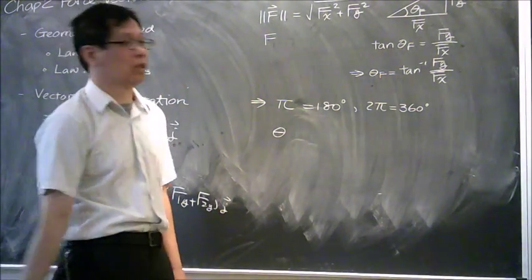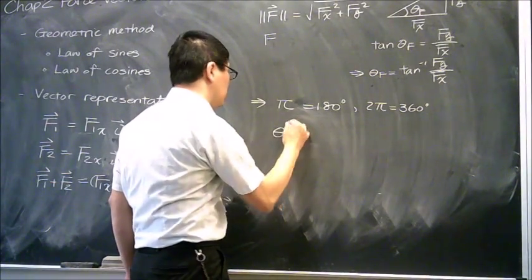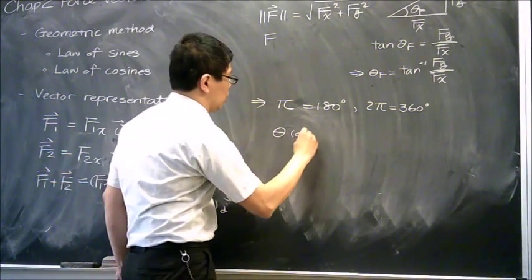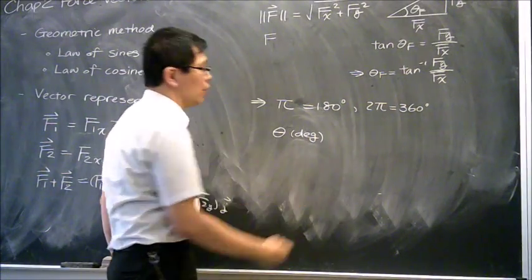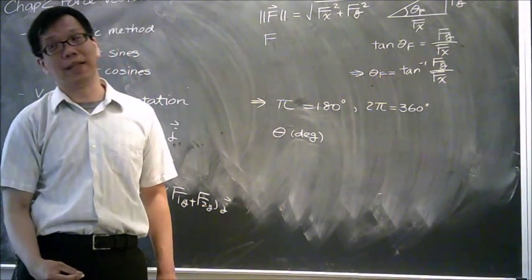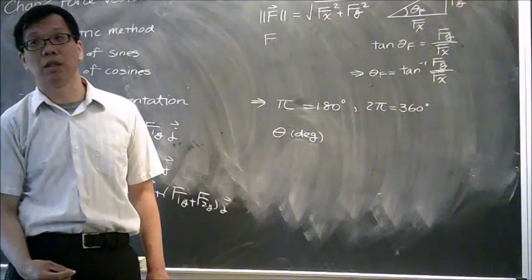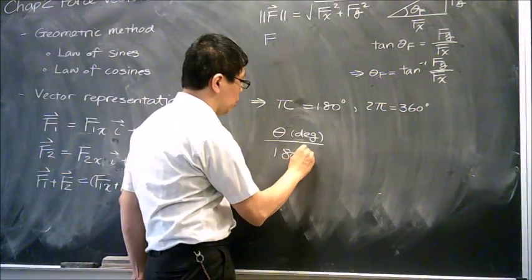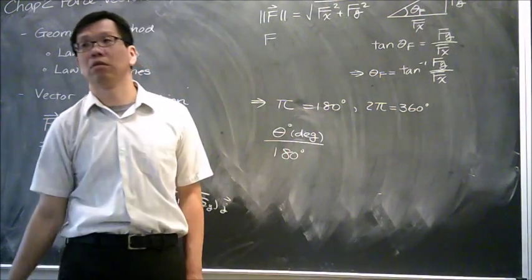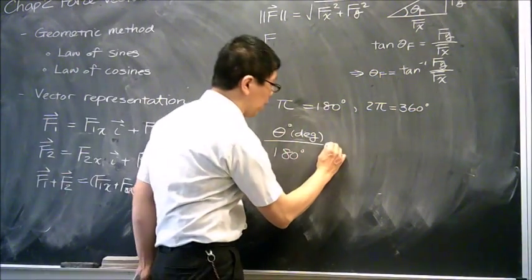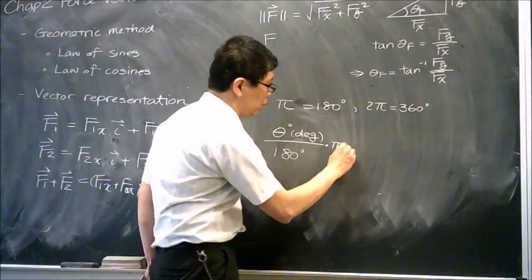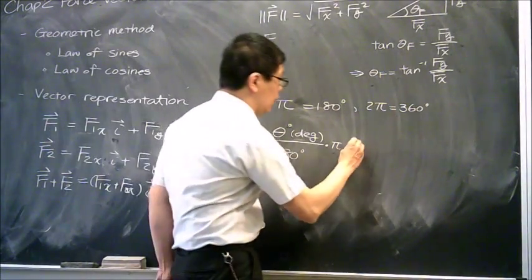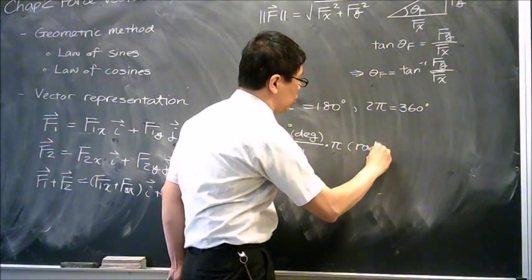So now, I have a value in degrees. If I want to convert that into radians, how am I going to do it? I'm going to divide this number by 180 degrees, multiplied by pi. That becomes radians.